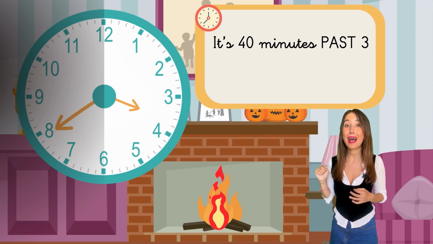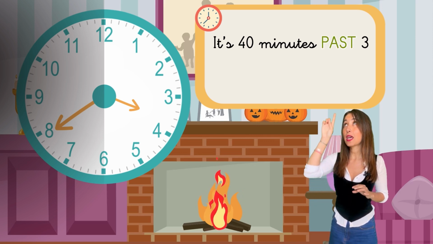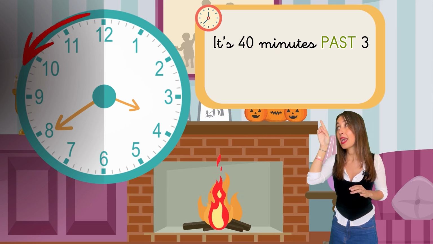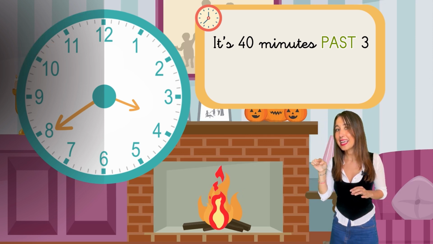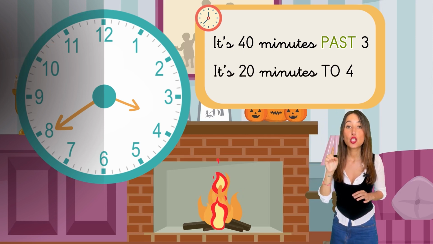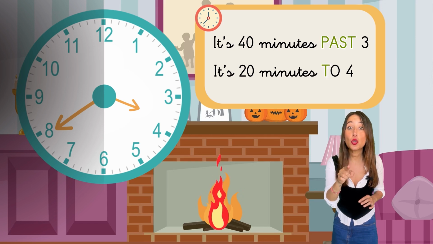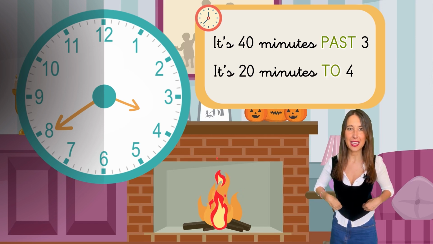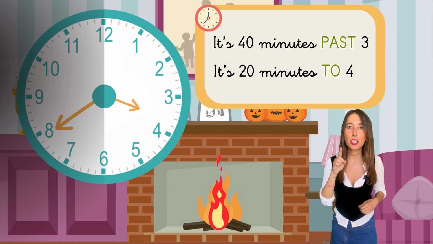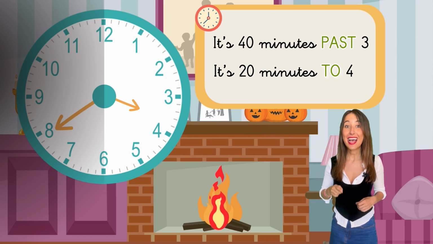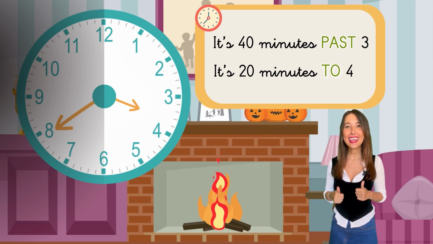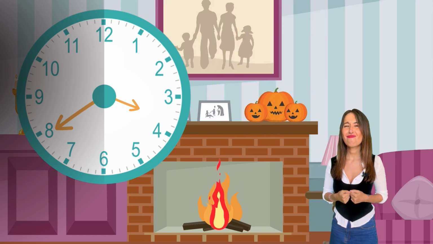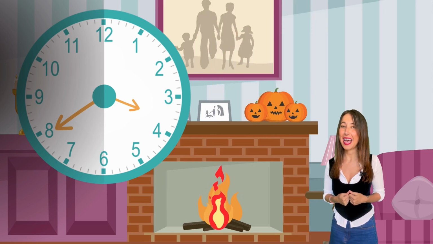Or we can also count from the number 4 and we have how many? 20. 20 minutes to 4. We cannot say 20 minutes to 3. 20 minutes to 4. Yes, the ones left. Okay, great. This is a bit difficult, right?